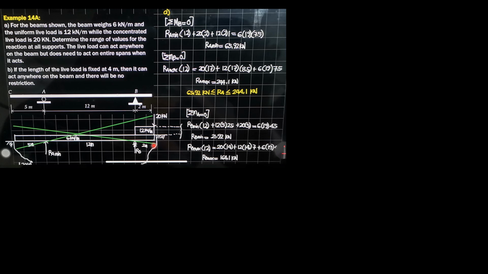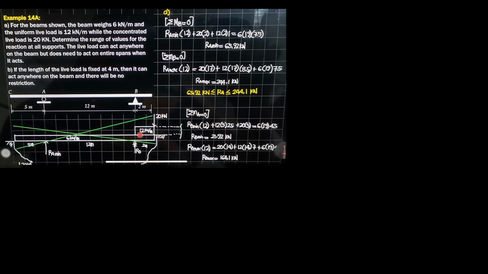Now the length of the live load for the first part is not known. It is unlimited, or it can adjust itself. But as stated here, it can act on the entire span when it acts. This is an overhanging span.